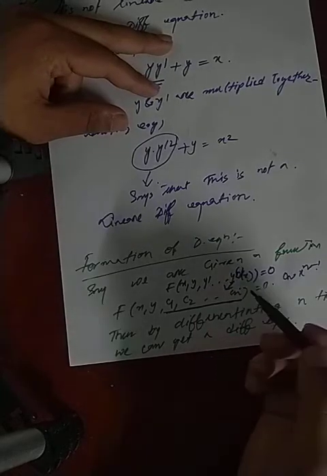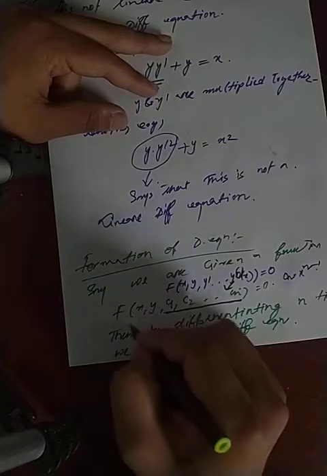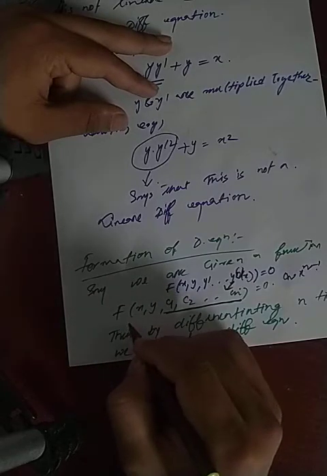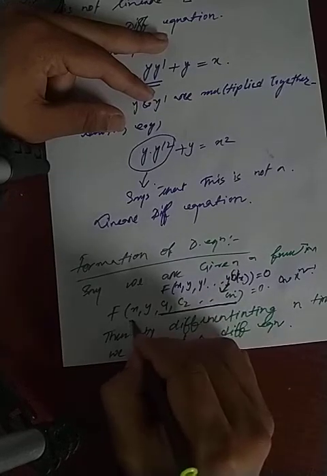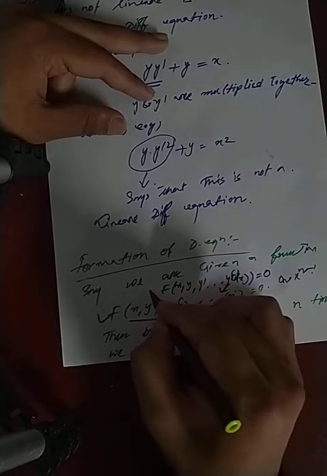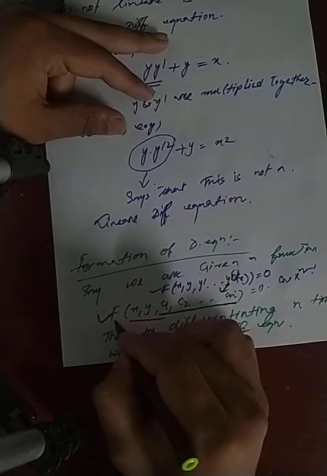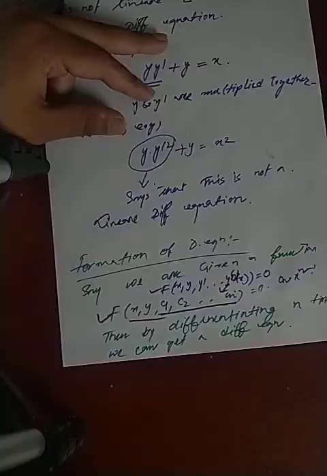So we can reverse the process: if we have a differential equation of this form, then its solution will be of the form with n constants.